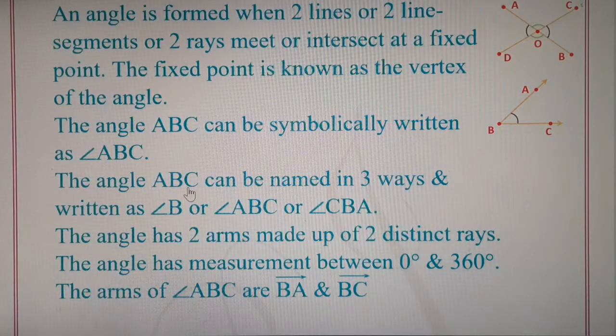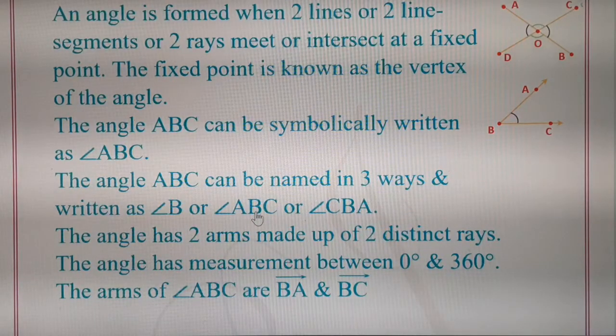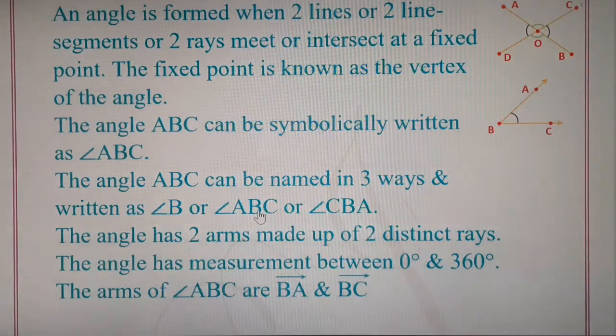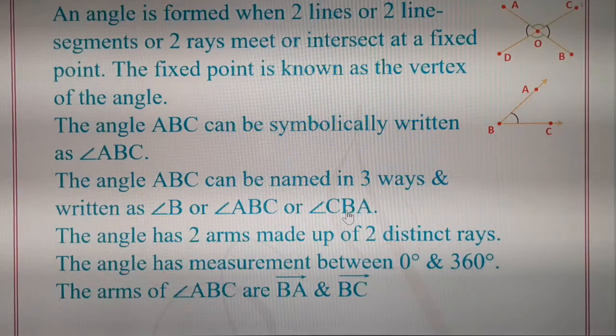Either we use a single alphabet to name an angle, or we can use three alphabets to name an angle. But the same three alphabets can be written in the reverse order by keeping the middle alphabet in the same position. The middle alphabet will be the vertex of the angle.